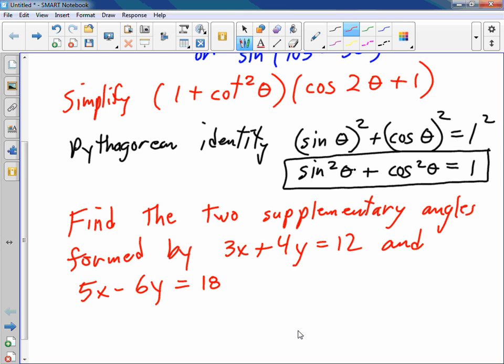I'll give you two lines, they intersect. Anytime two lines or line segments intersect, they're going to form a couple of supplementary angles. And they'll say find those angles. And whatever answer you get here, they have to add up to how many? 180. That's what supplementary means. They're also called linear pairs or straight angle theorem. You hear all those terms. Whatever answer you get, they have to add up to 180.